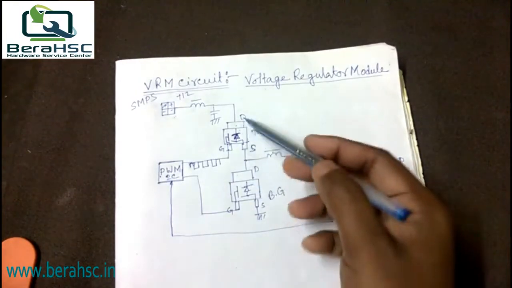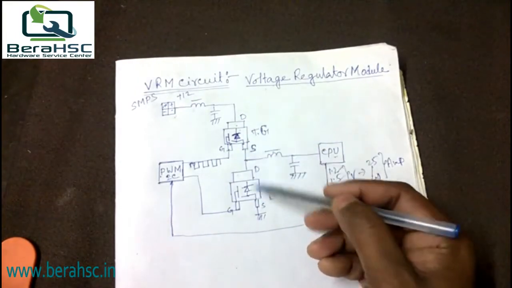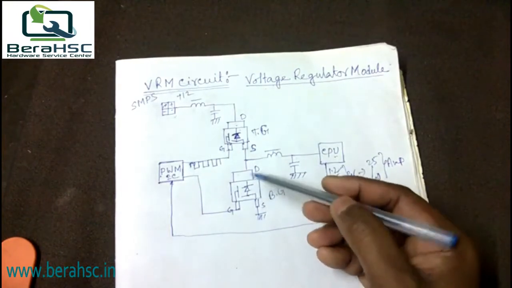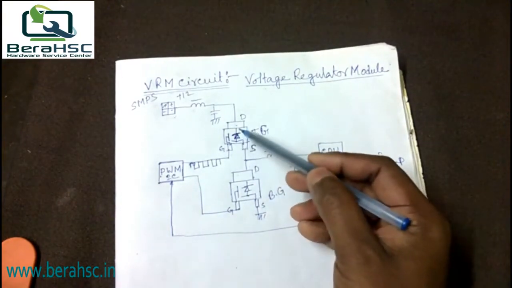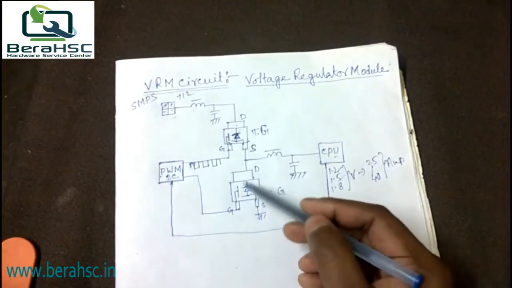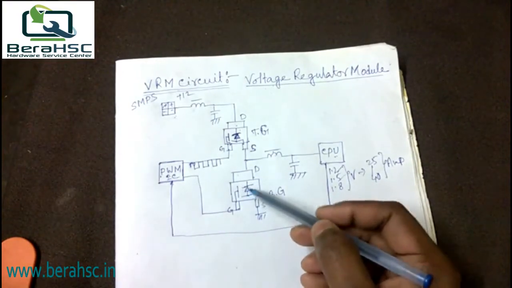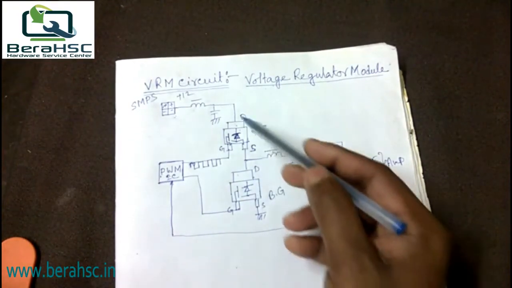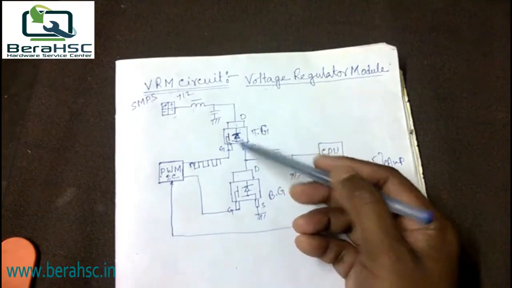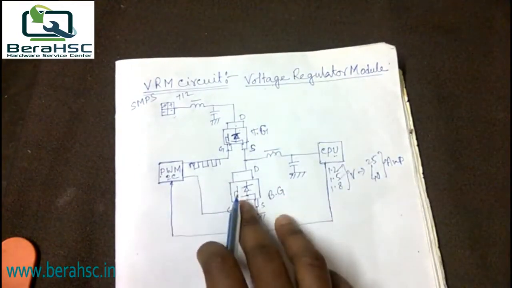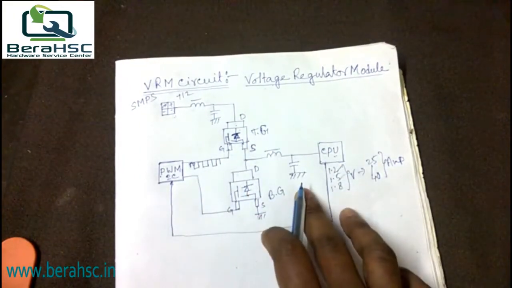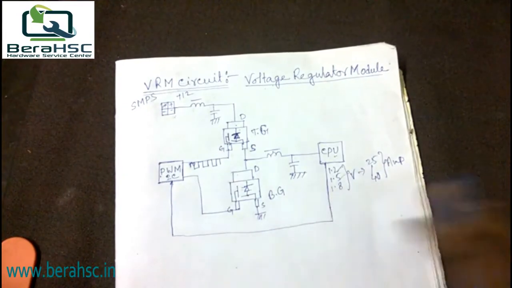And the two MOSFETs work as a high-side and low-side switch. When this gate is enabled, this gate is disabled, and when this gate is enabled, this gate is disabled. So friends, this is the basic circuit diagram of the VRM section.